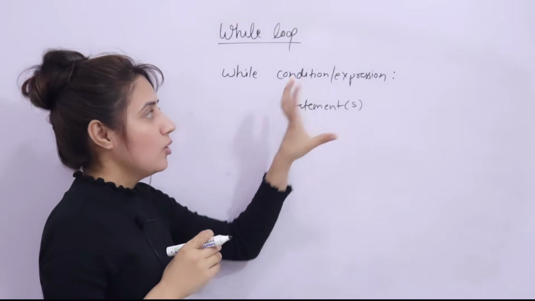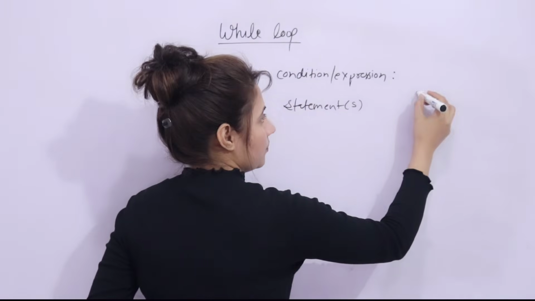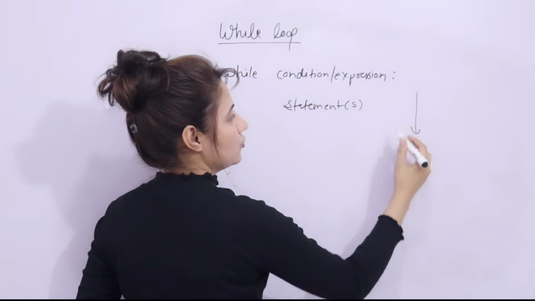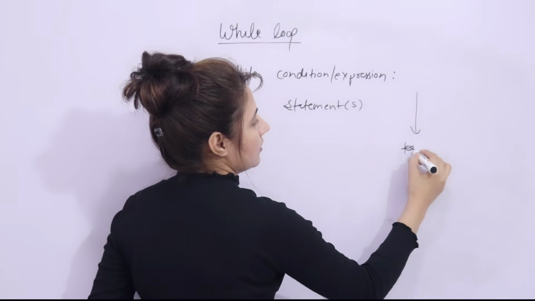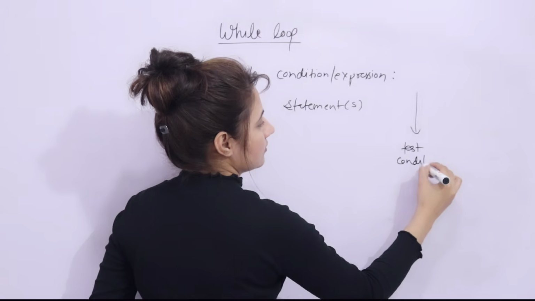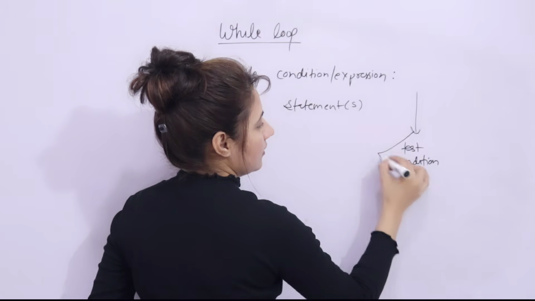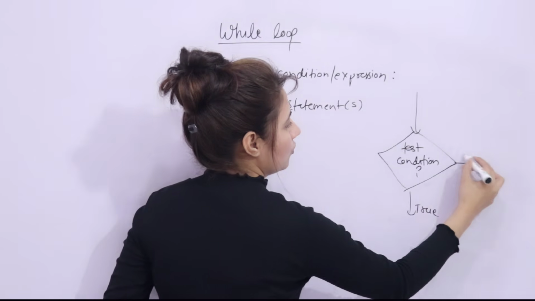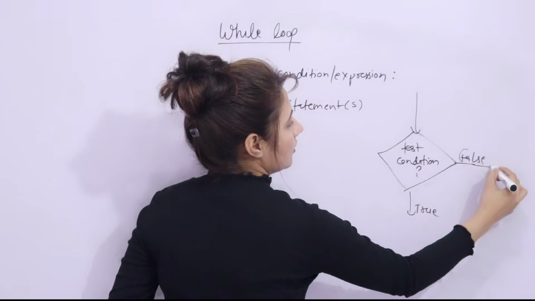Okay, now with the help of a flowchart, let me show you. We are entering into the while loop. So first, this condition would be tested, right? There are two cases, true or false.